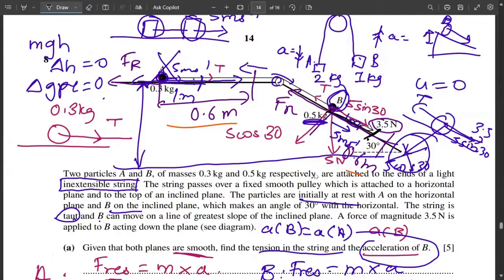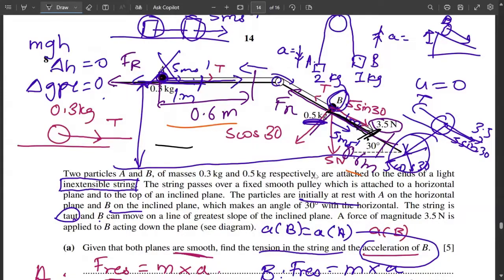I repeat the question. As B travels 0.6 meter down, its speed is 2.5 meter per second. So what will be the speed of A at that instant? If you are not able to answer this question, watch this question's explanation one more time.